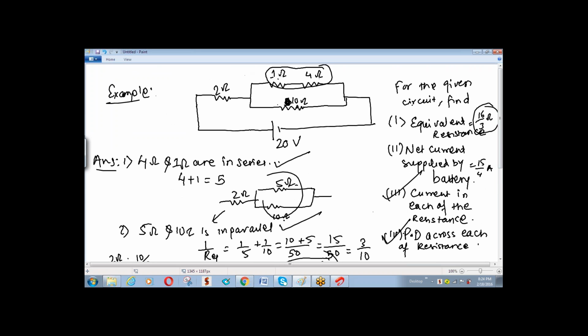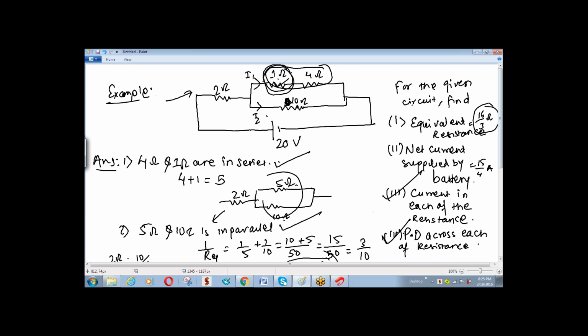Now if I had asked you what is the current through this 1 ohm, what will be your answer? If I ask you in the original diagram, the first diagram, what is the current through this 1 ohm? What might have been your answer?